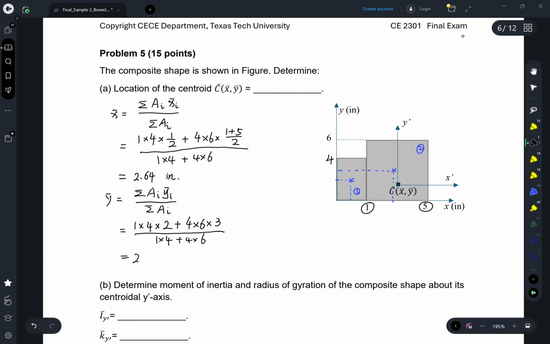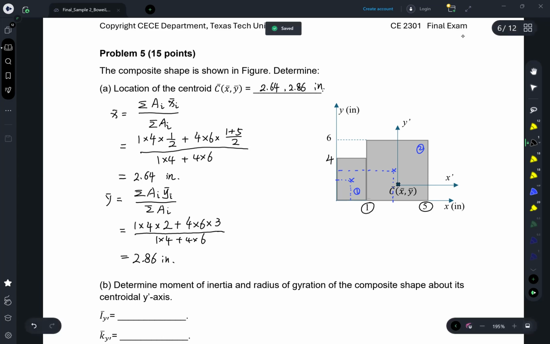Okay, so we have 2.86 inches. So we have the coordinates equal to 2.64 and 2.86 inches here. Okay, so it is the answer for our first problem here.